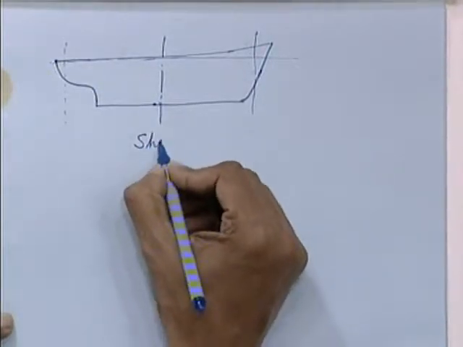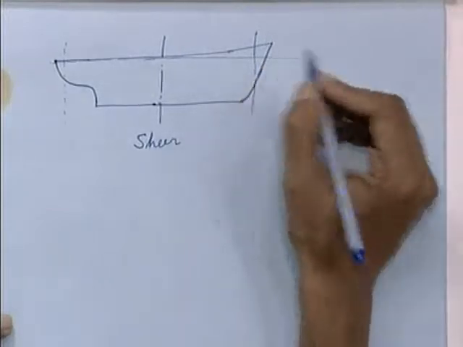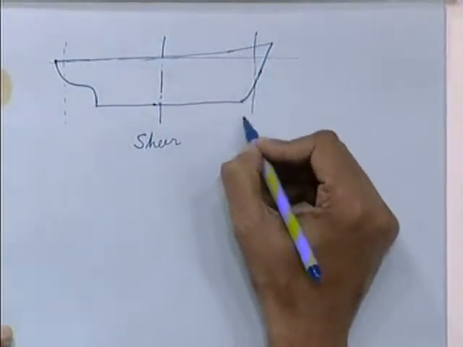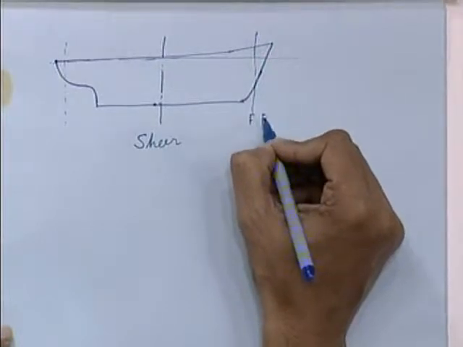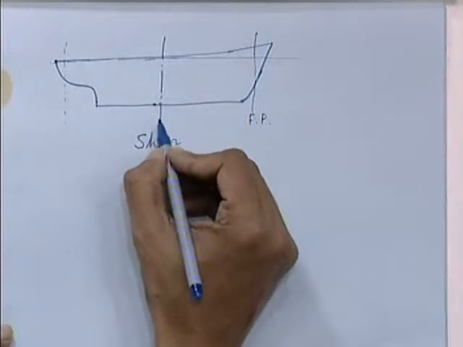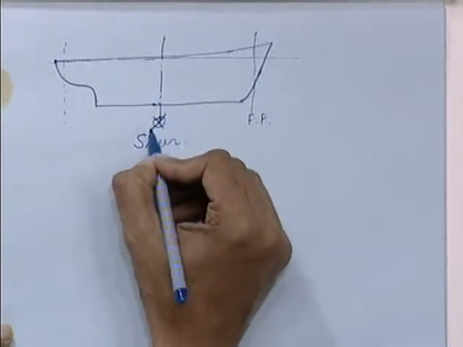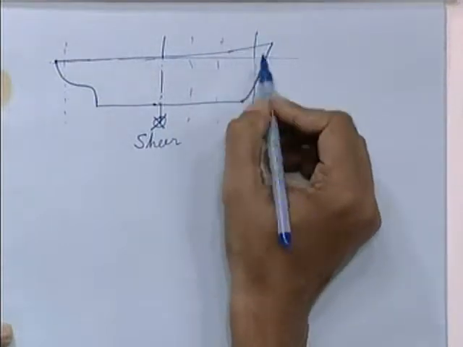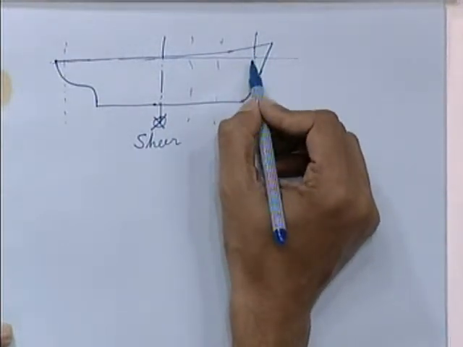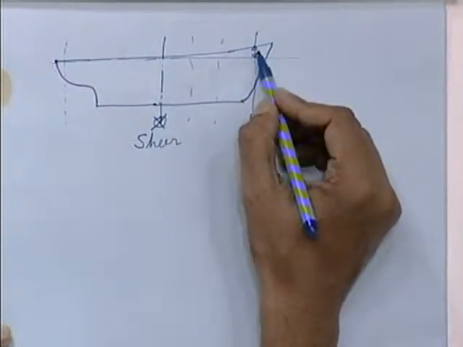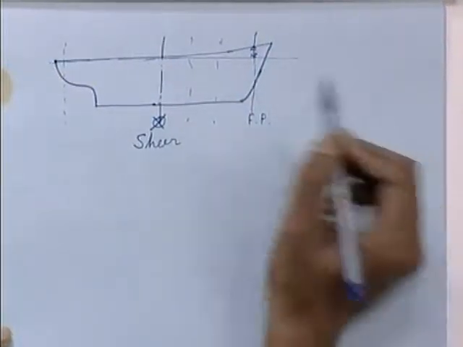Shear, that means the deck is having certain kind of shear. Shear is the vertical distance measured from a horizontal line passing through the midship at, say, every station, measured from this line to the deck at side. That is this distance is called shear. So this is shear at the forward perpendicular.